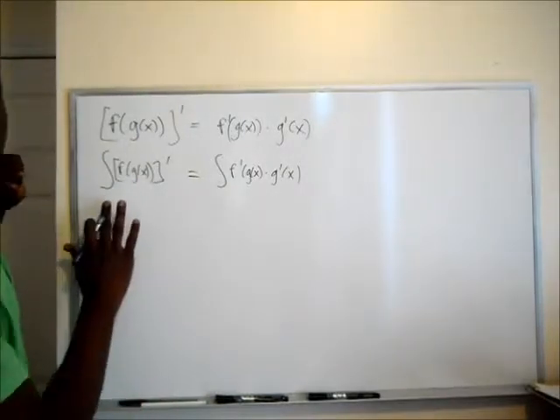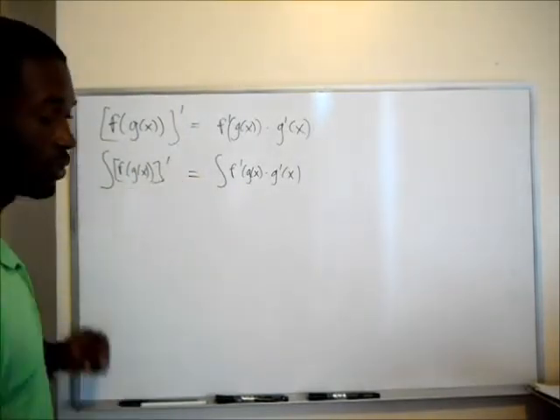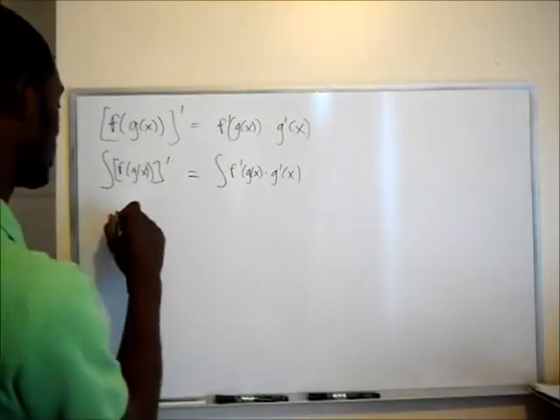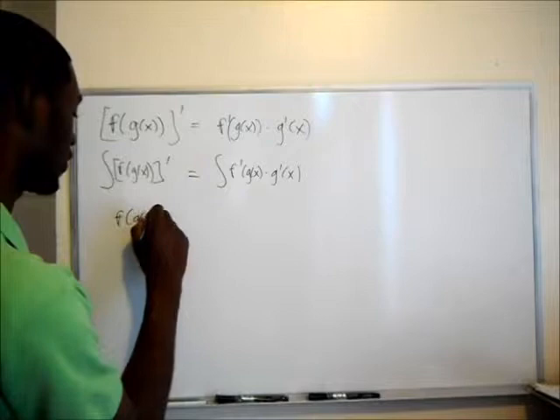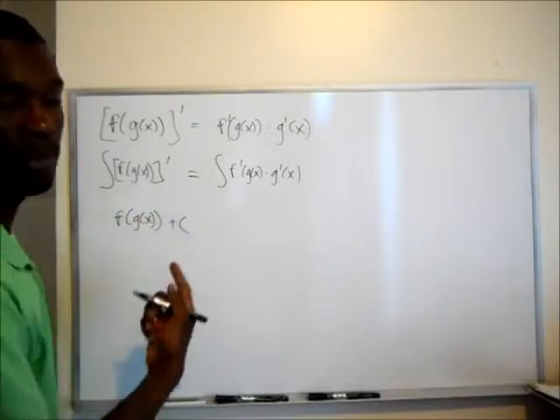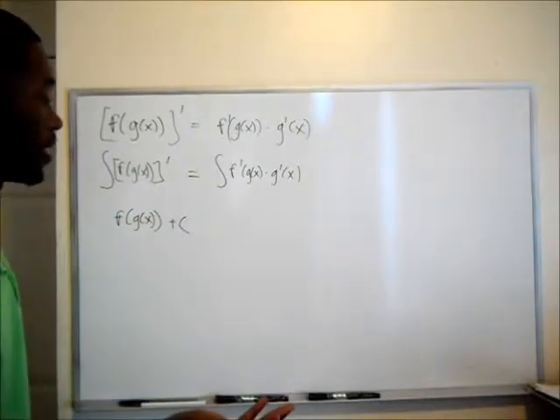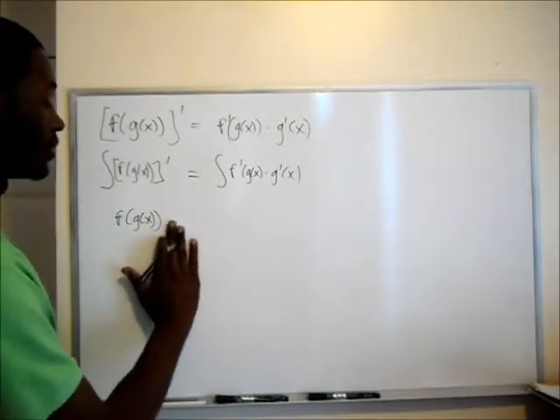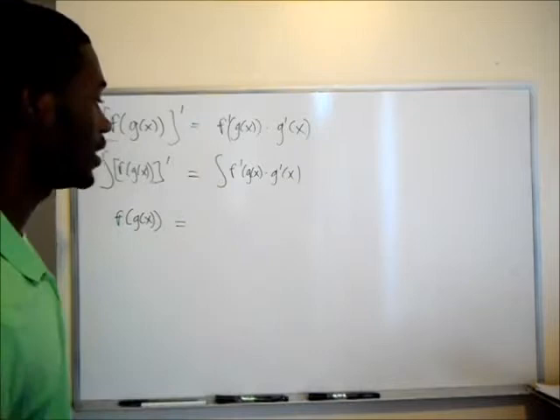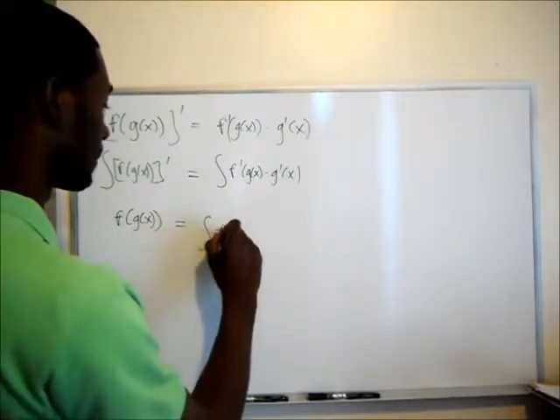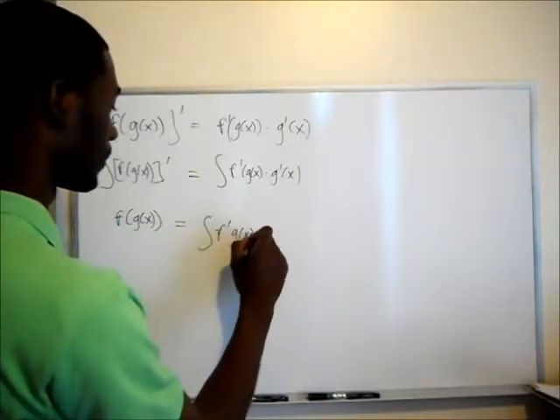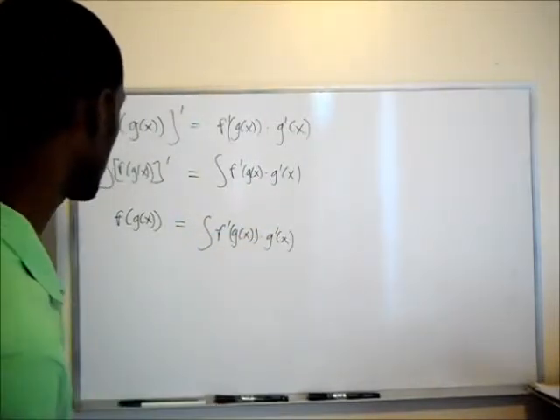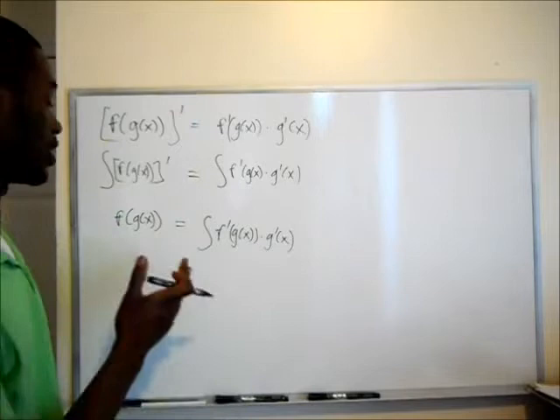All the integral sign does is cancel out this derivative, because if you differentiated it and then you integrate it, you're going backwards. So now you're just left with f of g of x, plus a constant. So that equals this. And this is once again just like the chain rule.